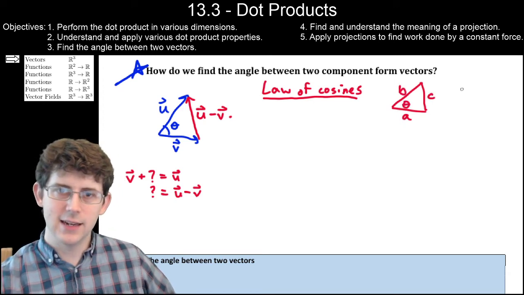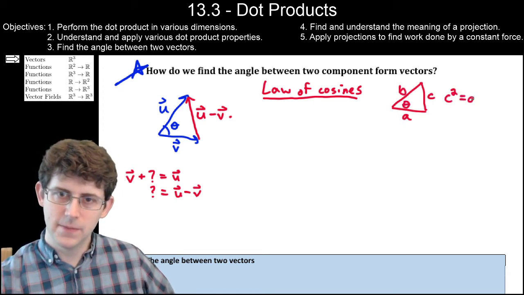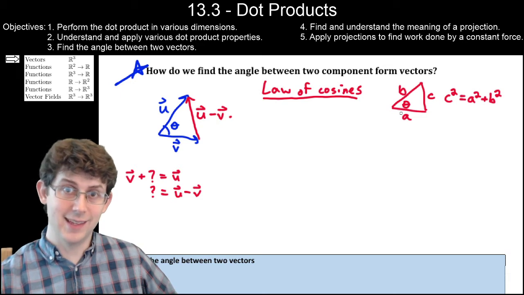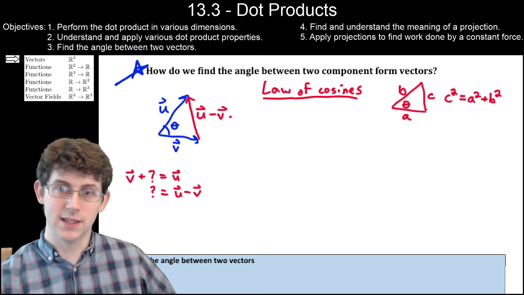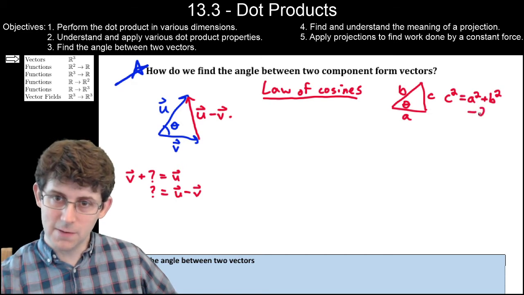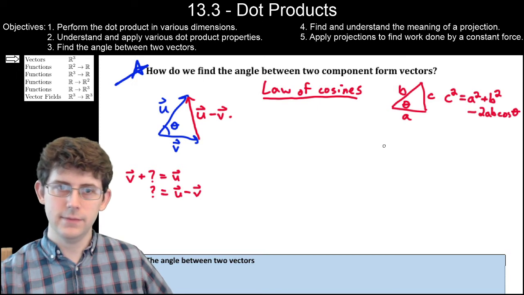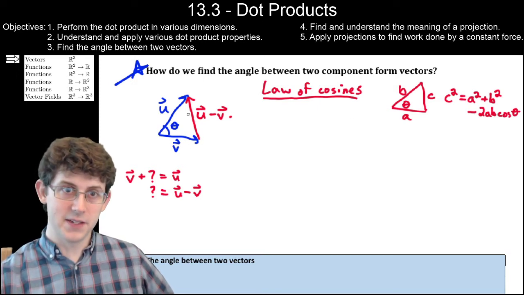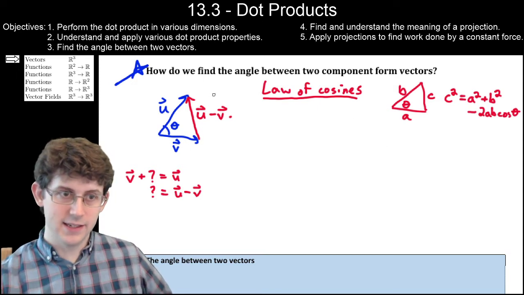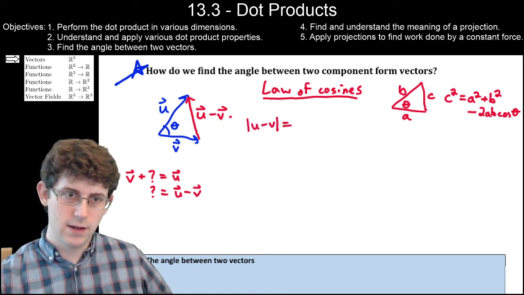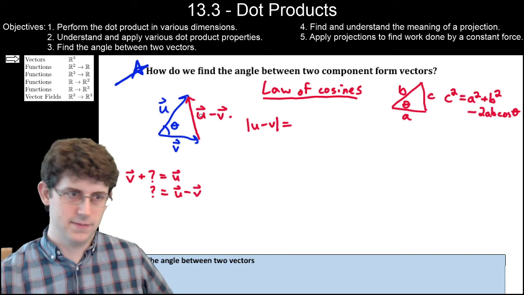It's basically that you can write down the Pythagorean theorem, and it's true for any triangle as long as you deal with the fact that this angle is not a right angle. If this angle is a right angle, then you're good and this is true. But if it's not a right angle, you have to subtract 2ab cosine theta. So let's use that on this triangle. C is the magnitude of u minus v. A is the magnitude of, let's say, u.